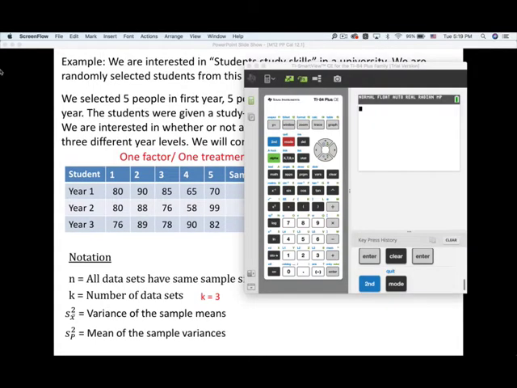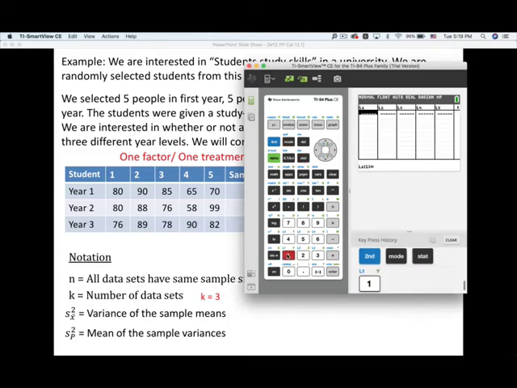Let me show you guys how to use the calculator. I have 3 populations, year 1, year 2, and year 3. And then I'm going to plug year 1 into my L1. So I'm going to go on stat, number 1, edit. So L1 will be 80, enter, 90, enter, 85, 65, and 70.